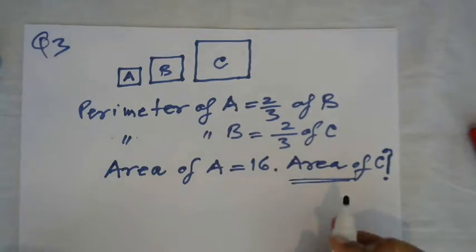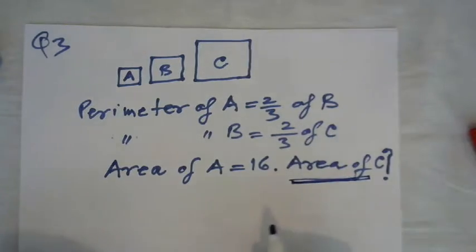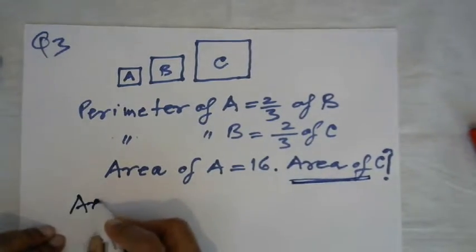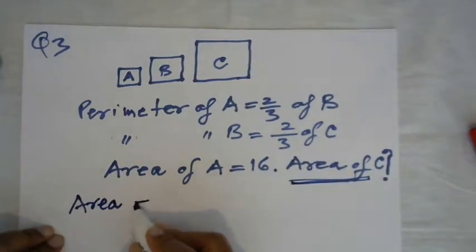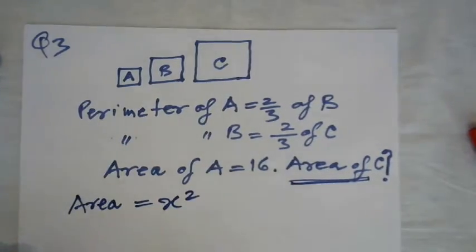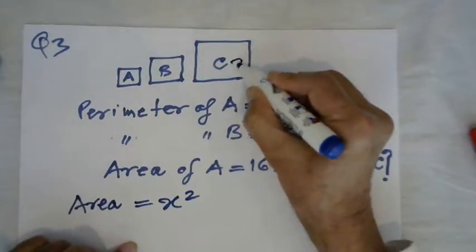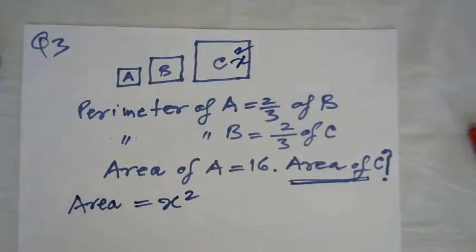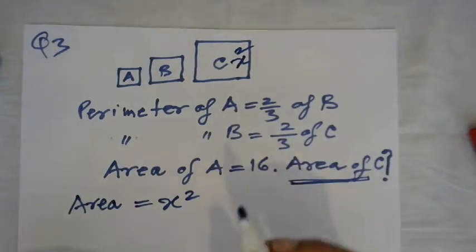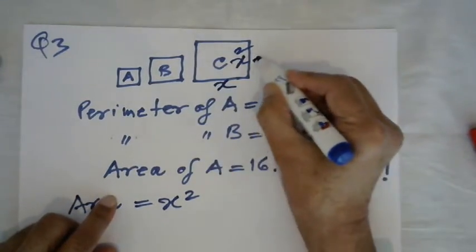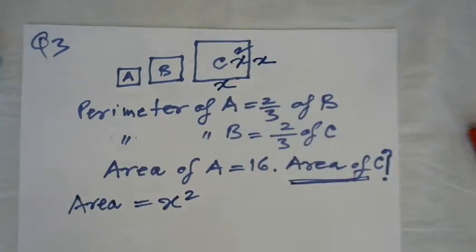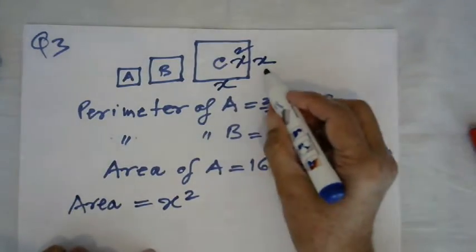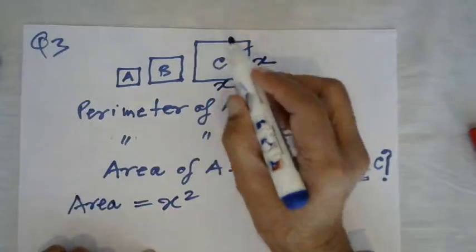Because we are required to find the area of C, let us assume that the area of C is equal to x square. So this is the area. If area is x square, the sides will be x, and the perimeter will be x plus x plus x plus x.